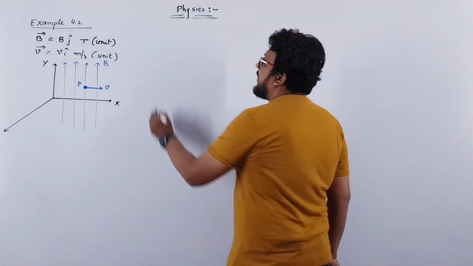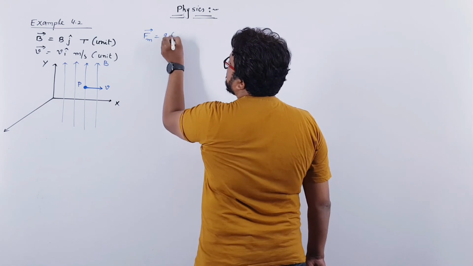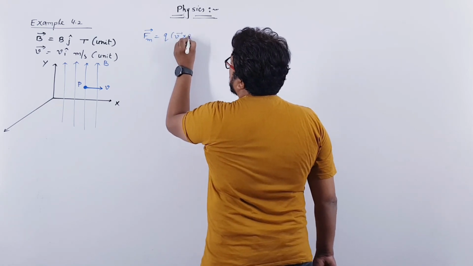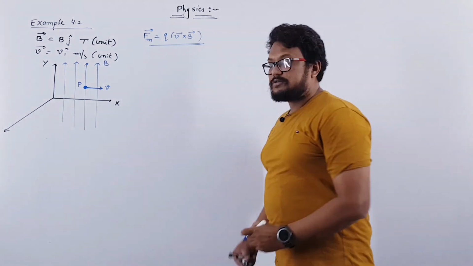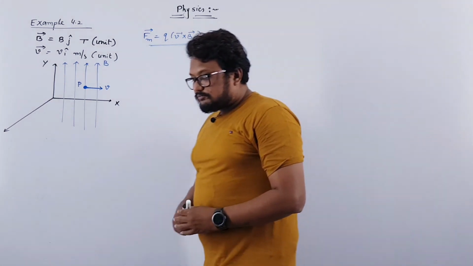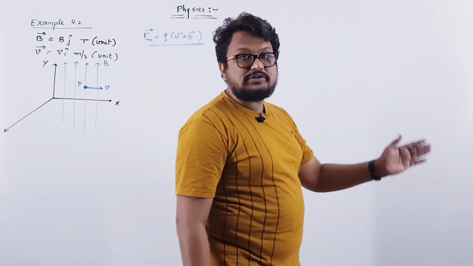Now the magnetic force acting on a charged particle, Fm, is Q into V cross B. Here the charged particle is moving along x-axis and magnetic field is along y-axis.